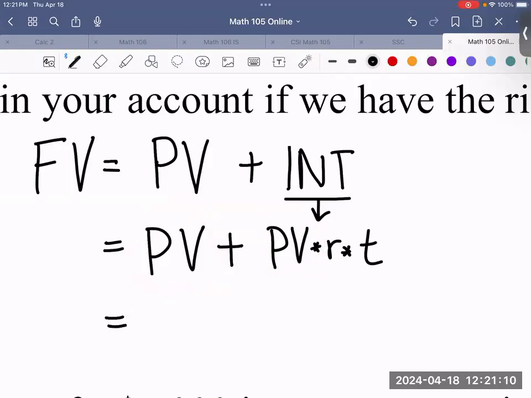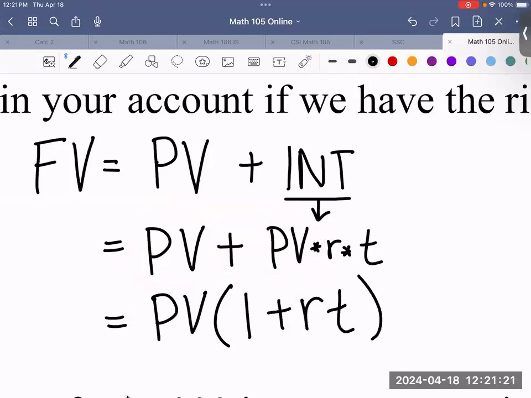So depending on your algebra skills, you may have learned how to factor something out that they have in common. Don't worry, I don't expect that of you. Instead, we factored it out. So taking your present value away from both of them will have the remaining of 1 plus RT. Now, this is the one that you most frequently will use, but just know you have more options.